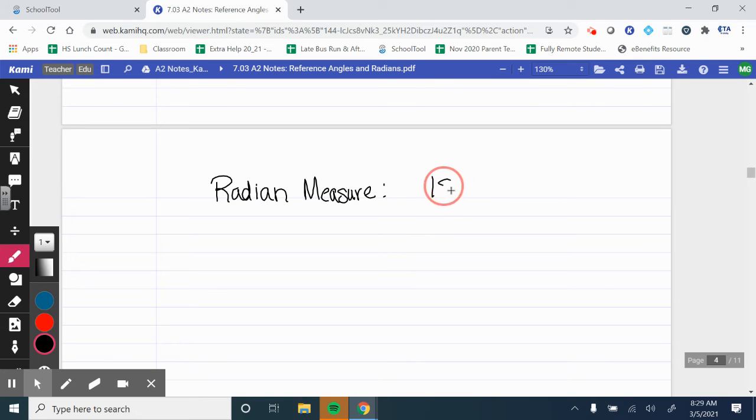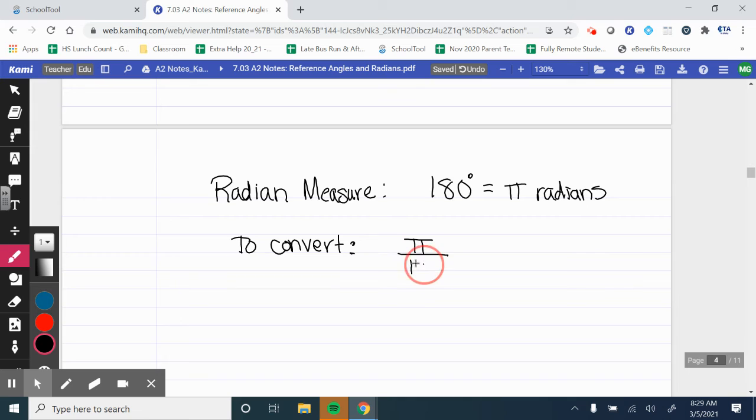So we know that 180 degrees is equal to pi radians. To convert between the two, whichever direction you're going, whether it's degrees to radians or radians to degrees, you want to use this proportion. So pi radians we know is equal to 180.